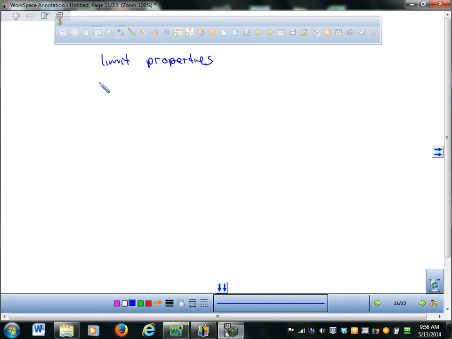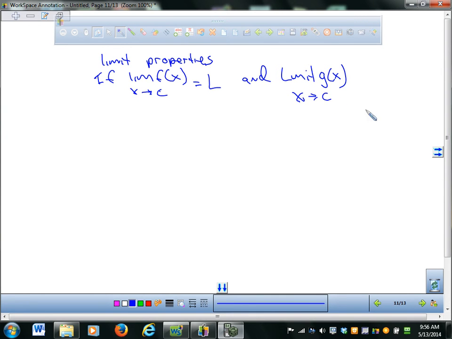If the limit of f of x as x goes to c is equal to L, and the limit of g of x as x goes to c is equal to k, then these things hold.